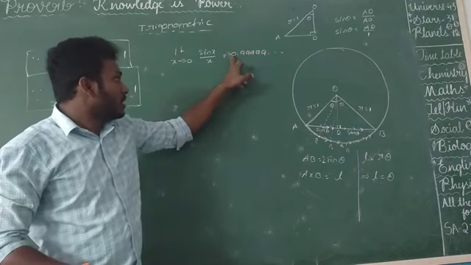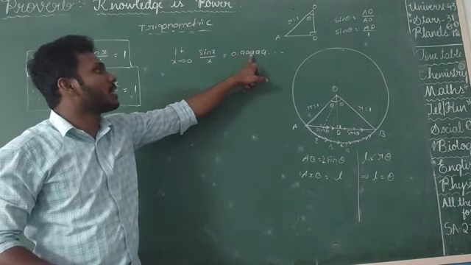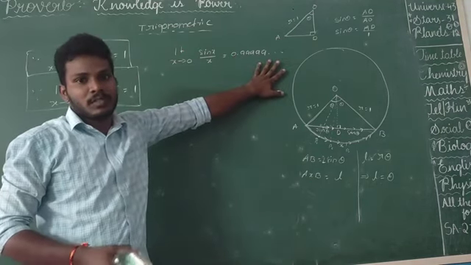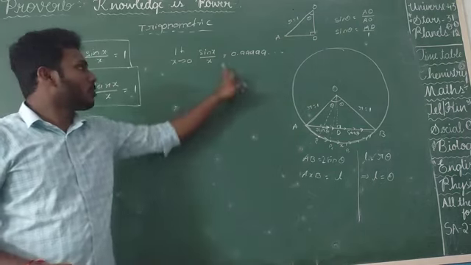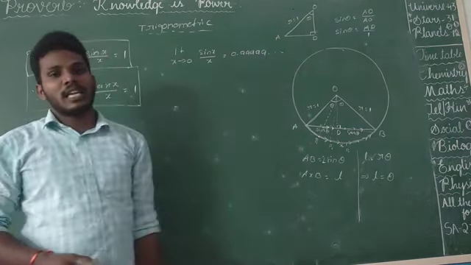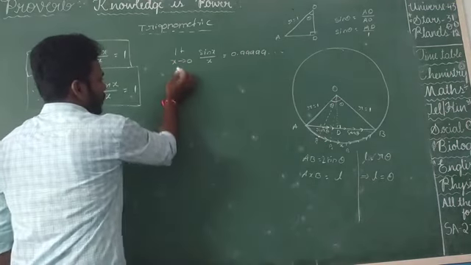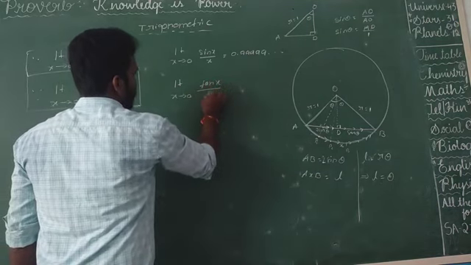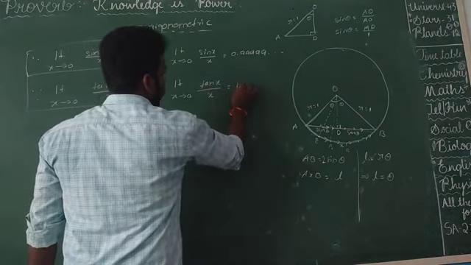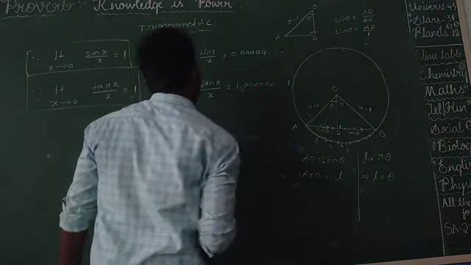Limit x tends to 0 of sin x by x is 0.9999, that is the standard thing, but we are taking it as approximately equal to 1. In the same manner, limit x tends to 0 of tan x by x is 1.000000, like this 1.